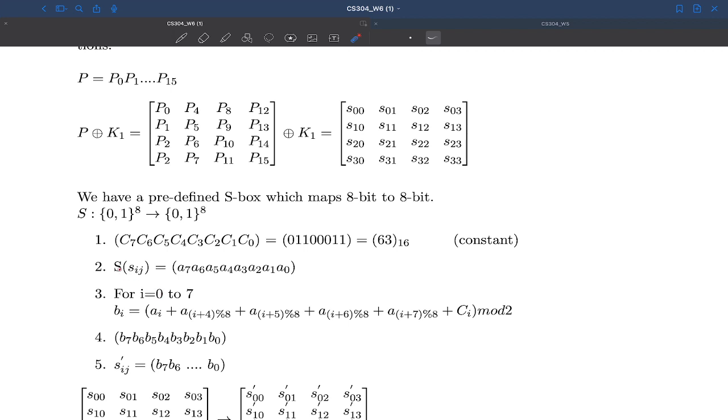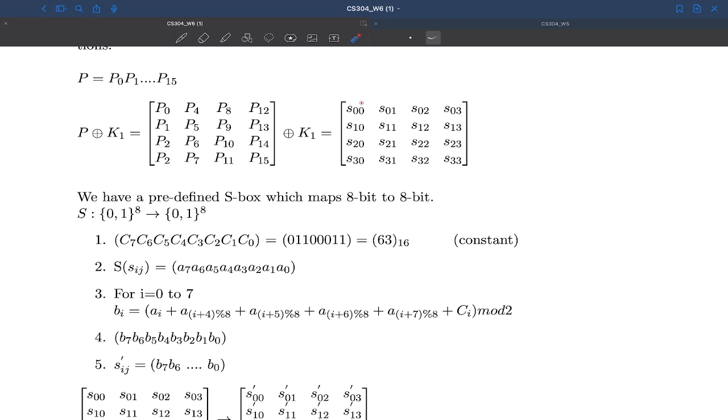First of all, this S denotes the S box. What this S box does is that it takes an 8-bit input and maps it to another 8-bit string. It outputs an 8-bit string. In our input matrix, we have 8 bits in each cell.